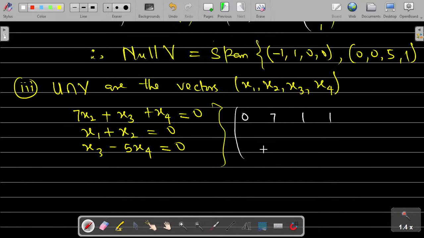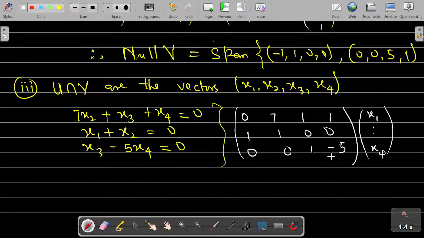Then here it is 1 1 0 0. Here it is 0 0 1 minus 5. So this is our A, and our x is x1 up to x4, and it is equal to 0.